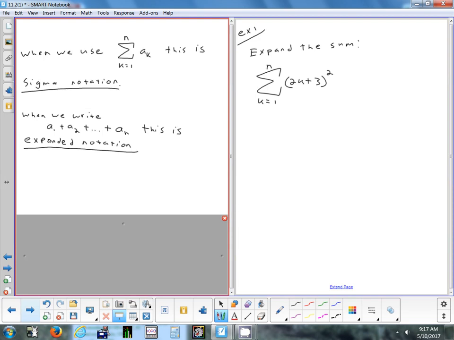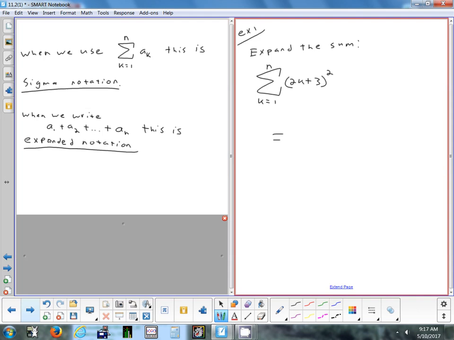It's not infinity. What I usually do is do the first term, do the second term, do the third term, and then put a dot, dot, dot, and then plug in n as the last one. Because we don't know how many numbers are in between 1 and n. Okay, so let's start with 1.